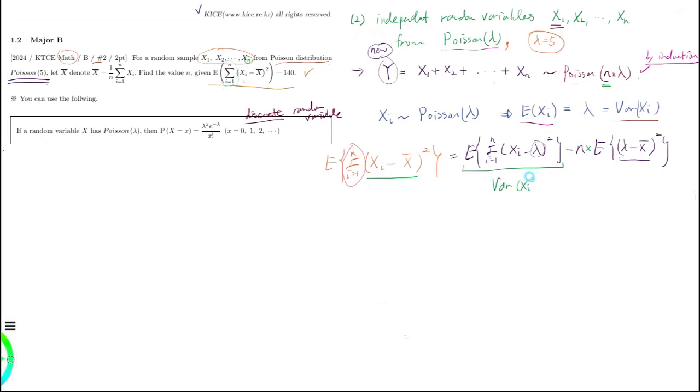the sum of variance of each random variable. Let me rewrite this one like this to be more clear here. So by linearity, I can pull out this sigma, and what I get is the expectation value of the deviation from the mean, population mean, and each square.